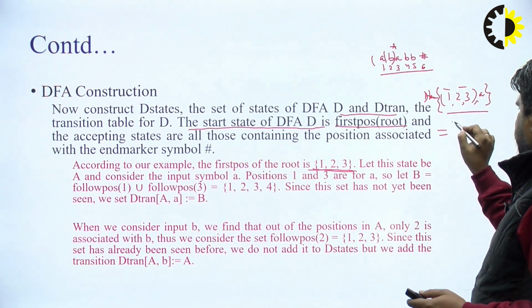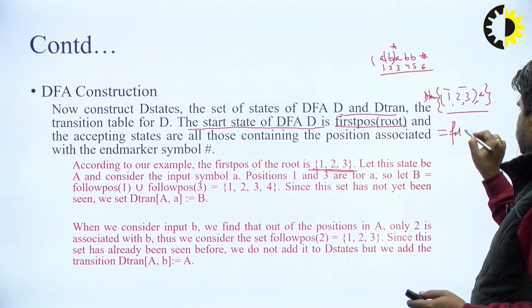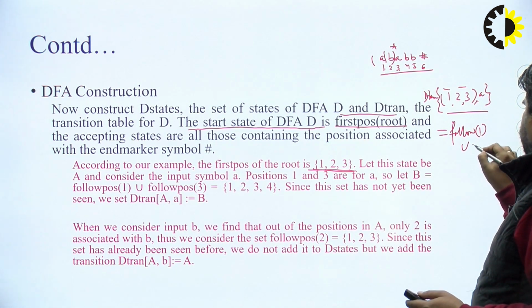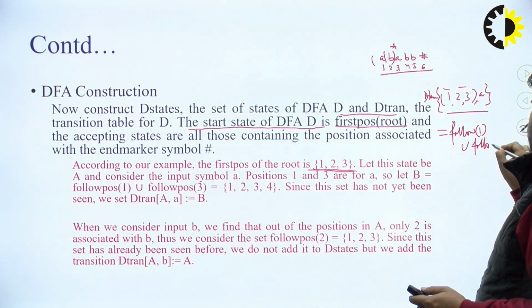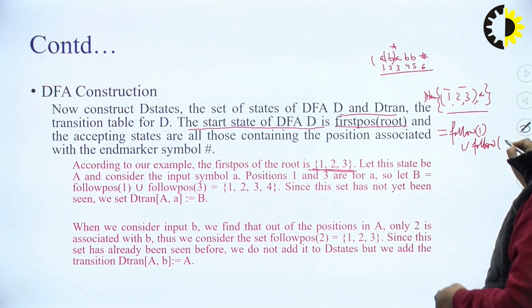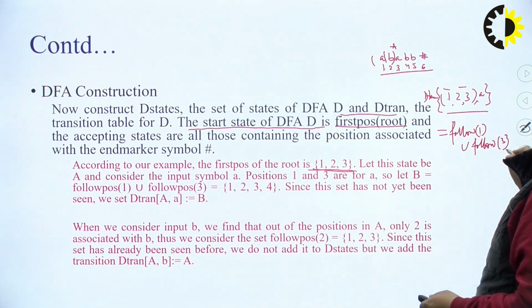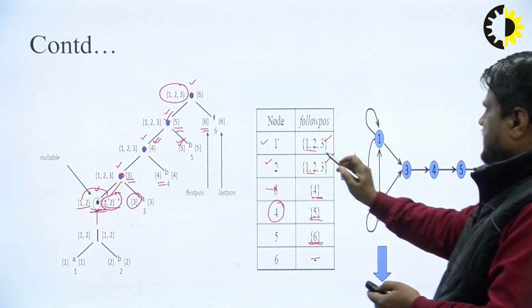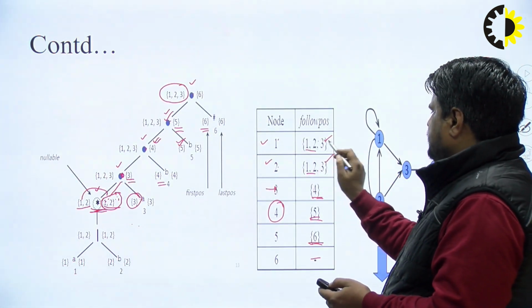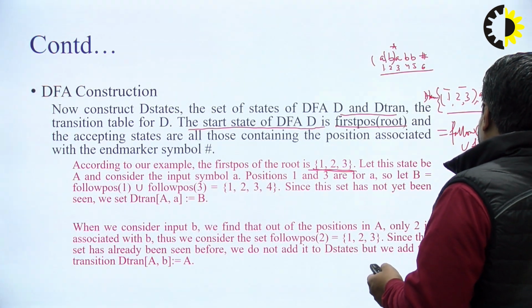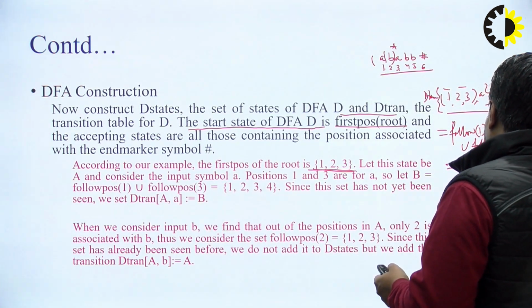You have to find the follow position of 1 union the follow position of 3, because A is available at position 1 and position 3. So what is the follow position of this one? You can see 1 and 3. So it is 1, 2, 3 and 4. So this state is 1, 2, 3, 4, right?